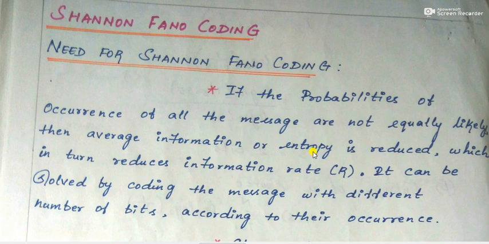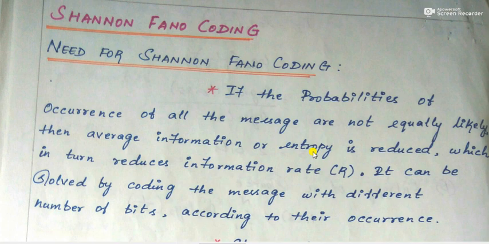If the probabilities of occurrences of all the messages are not equally likely, then the average information or entropy is reduced, which in turn reduces the information rate.